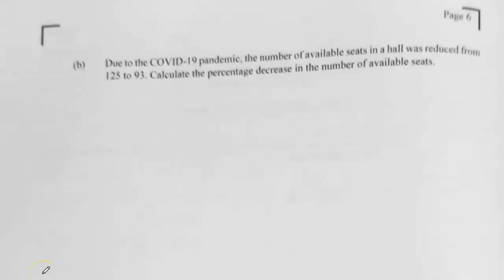Due to the COVID-19 pandemic, the number of available seats in a hall was reduced from 125 to 93. Calculate the percentage decrease in the number of available seats.